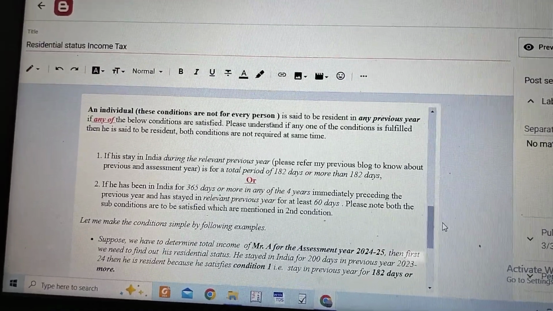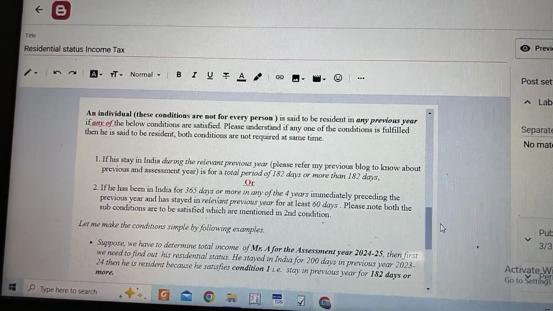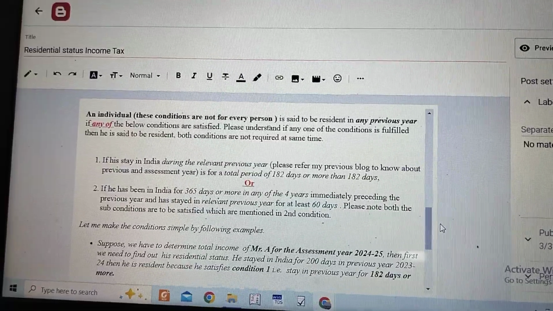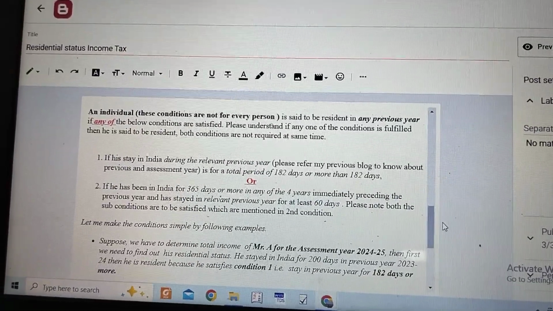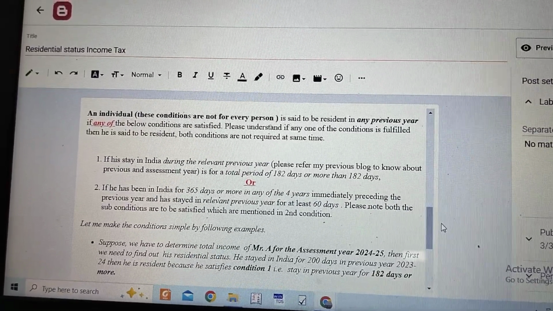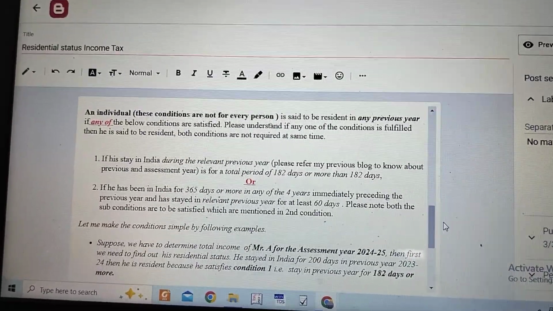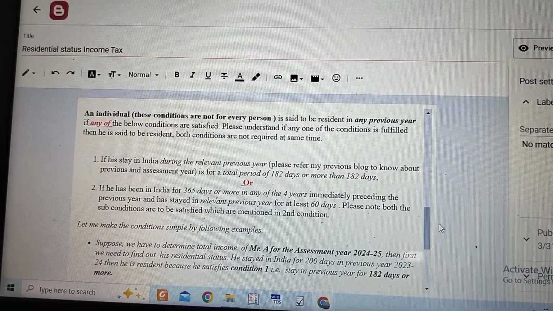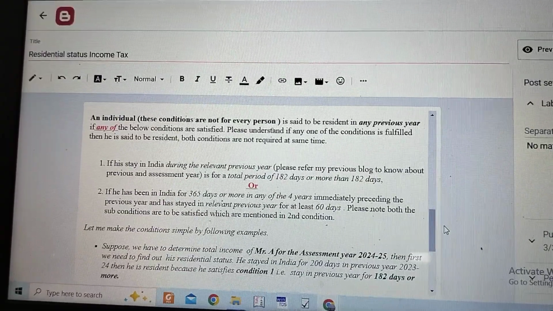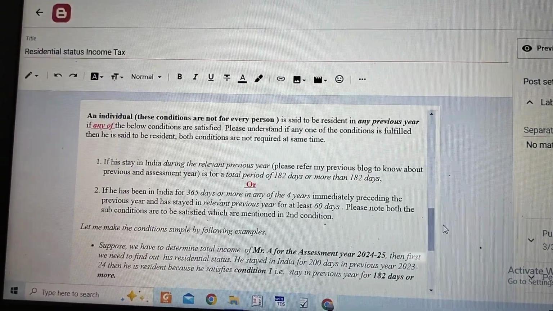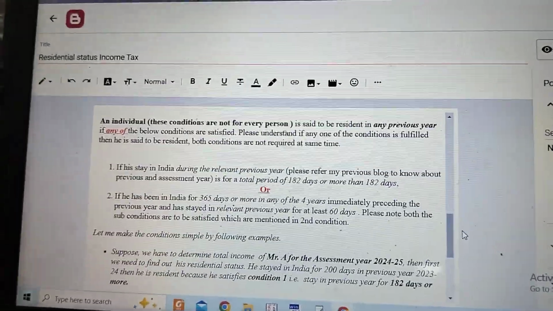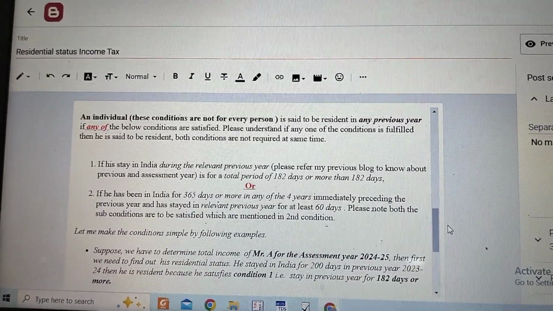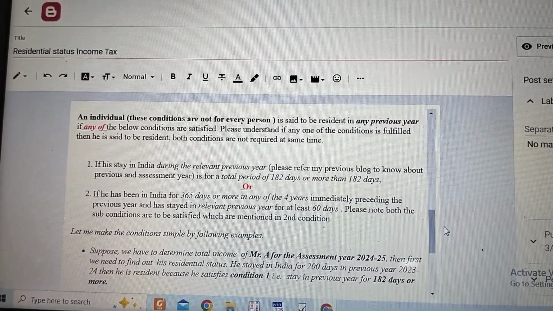So if we are talking about previous year 23-24 and we are assessing the tax for the same year, then for 23-24 he has to be in India for 182 days or more, then he will be resident. We don't need to look at condition number 2, because one condition is satisfied, so he is resident.